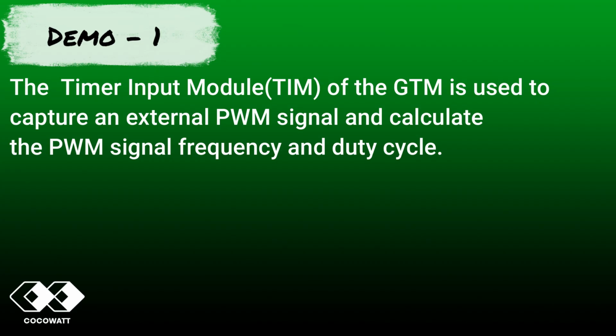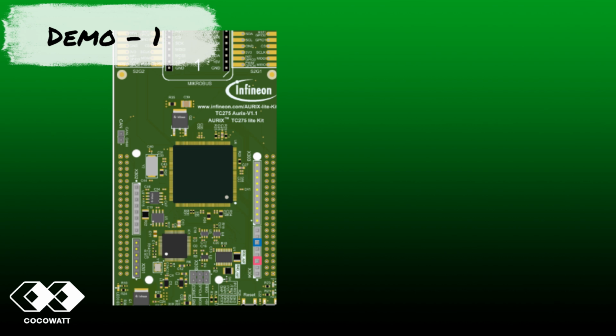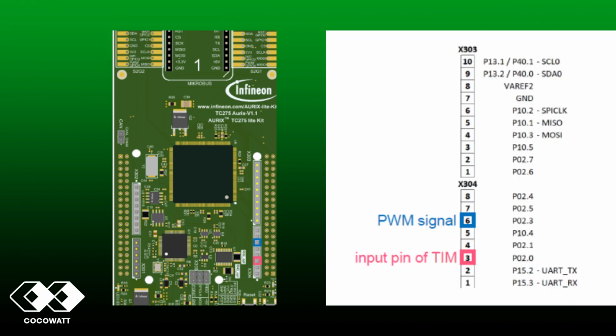Here the setup is like this. For generating PWM signals, we will use port 02, the third pin in port 2. We will configure it as a TOM output port pin. We configure the 0th pin of port 2 as the input pin of the TIM module.